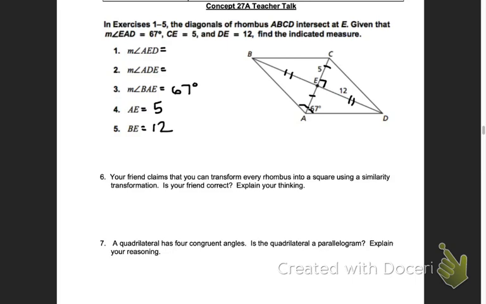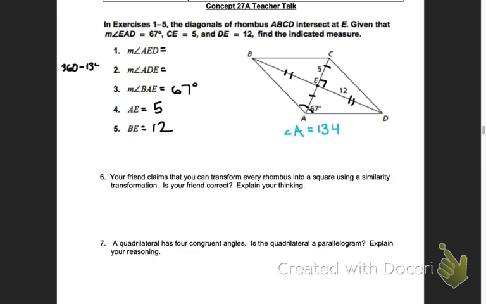Moving forward, I went up to the measure of angle ADE, number 2. Well, I know in a quadrilateral, all of the angles need to add up to 360. So what I'm going to do is add up what the measure of angle A is, 134, 67 plus 67.